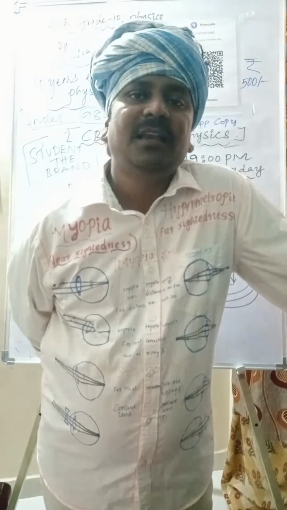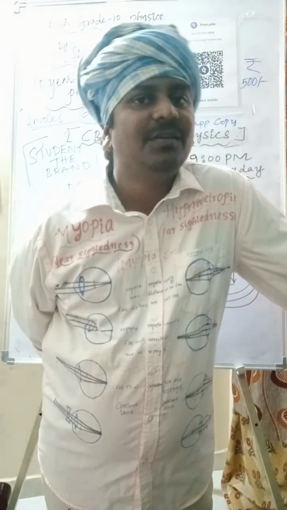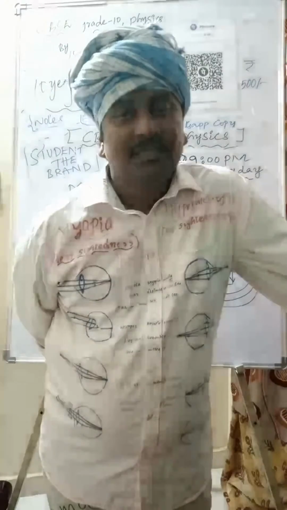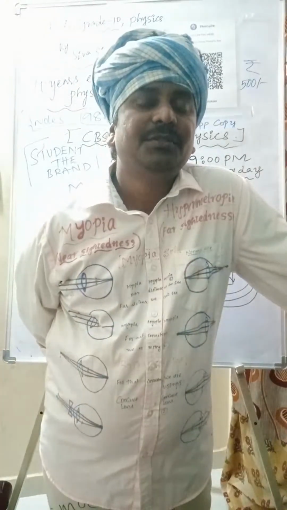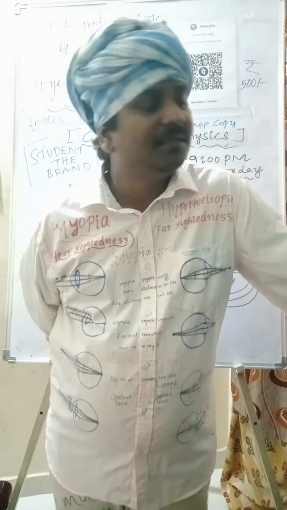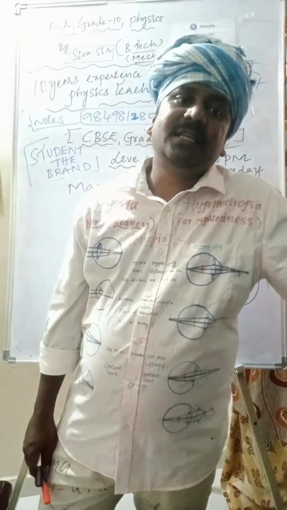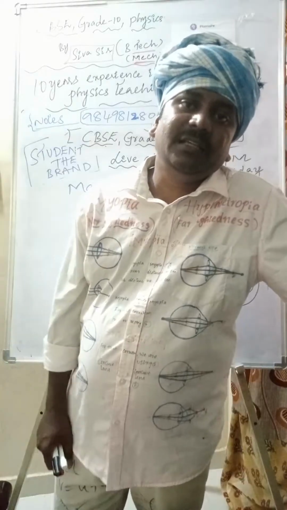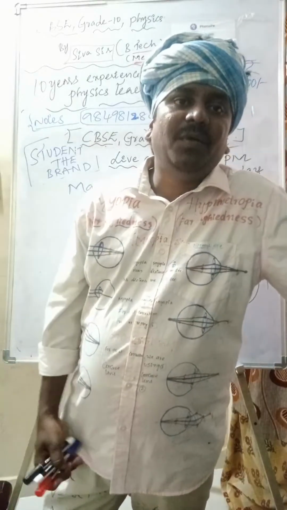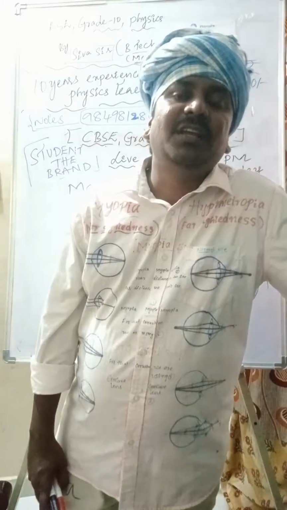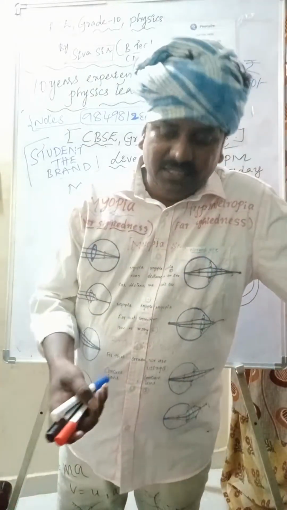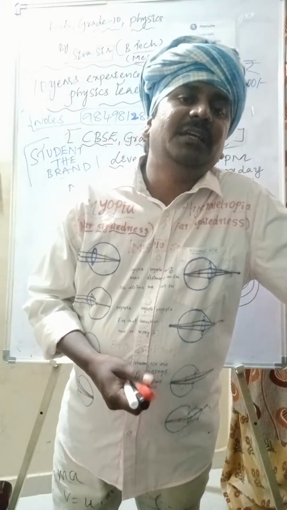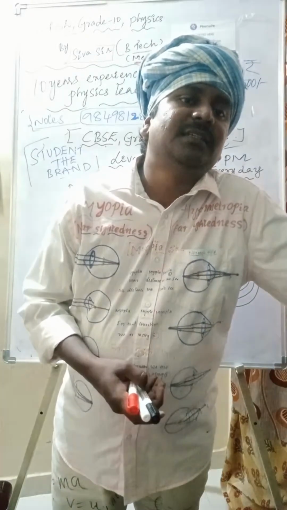Distances are negative below the principal axis.